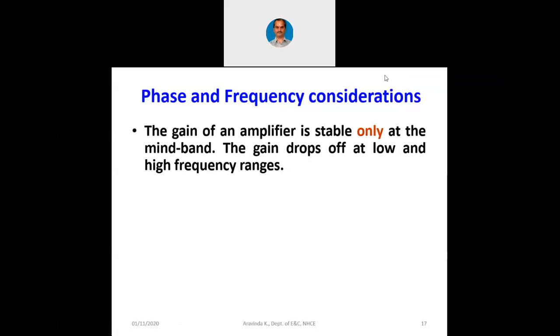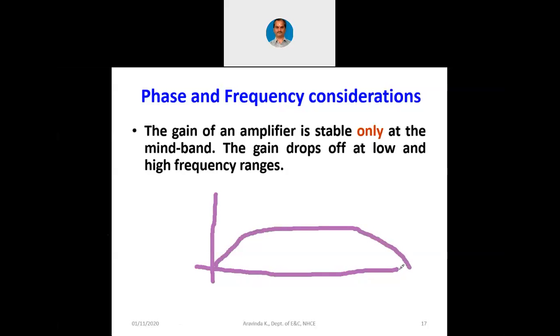That means, let me write a small diagram here. Let me choose a different color. Now we know the response is like this, and x-axis is frequency, y-axis is gain. Let us indicate it as voltage gain itself.